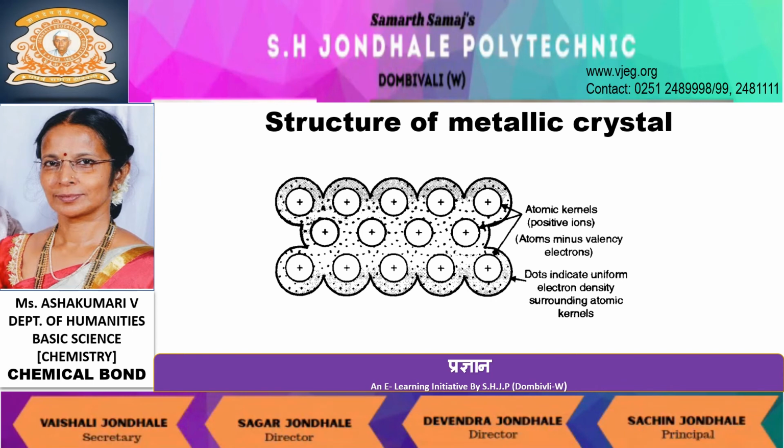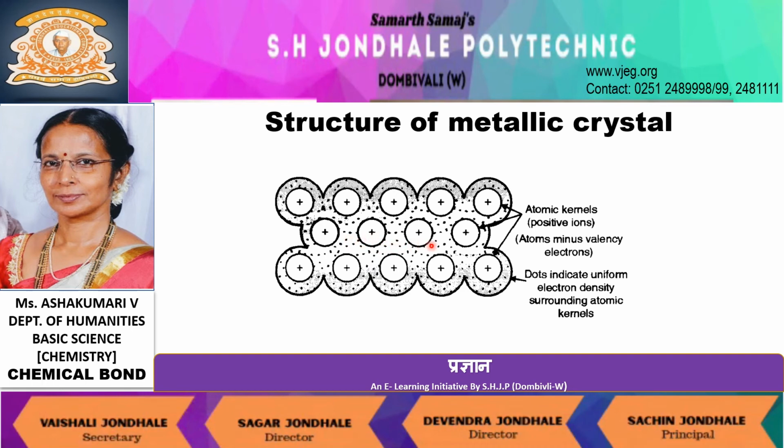Bonding in metals is quite different from ionic and covalent compounds. Solids formed by metallic bonding consist of positive metal ions in a cloud of valency electrons. Positive metal ions are also known as kernels.